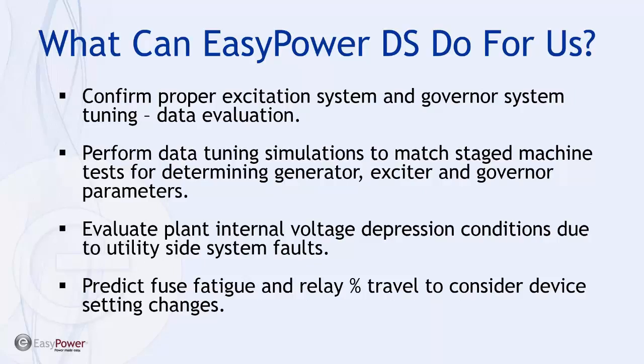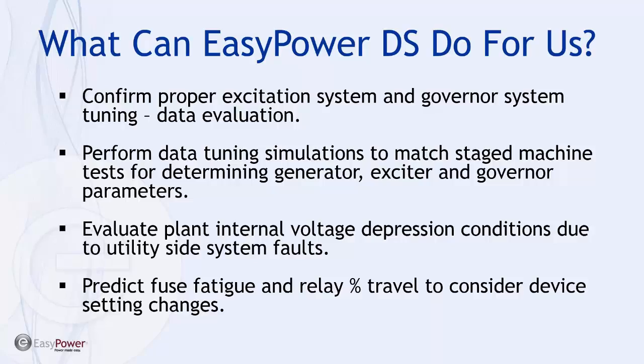We can confirm proper excitation systems, tuning of both the voltage control and the governor system, and match the physical system or system test in the field with the way the simulation has been modeled, and verify that we have better, more accurate matching between our system simulation and the actual system that we're trying to model.